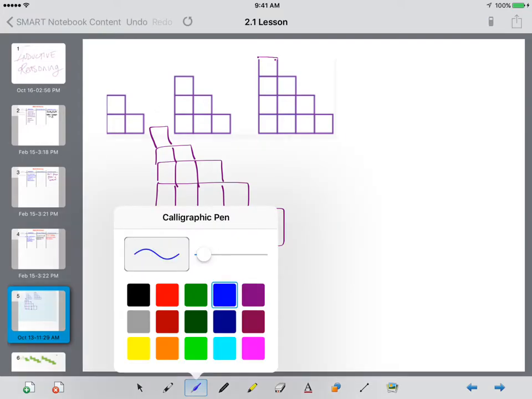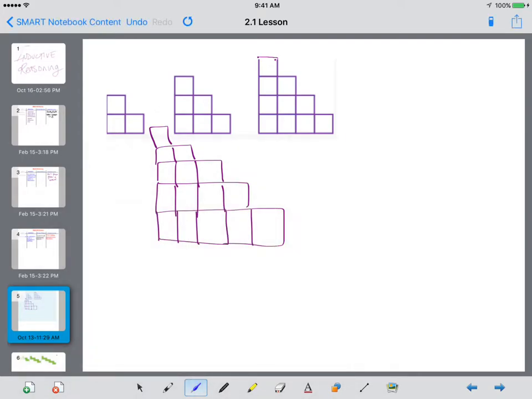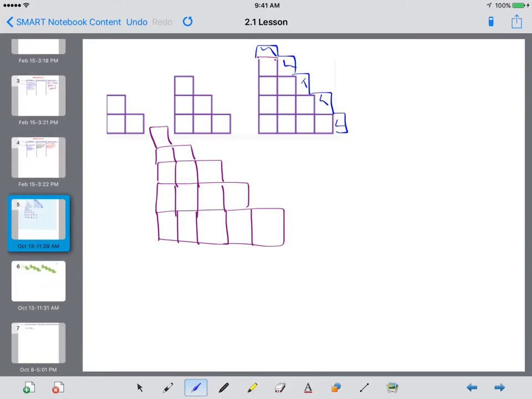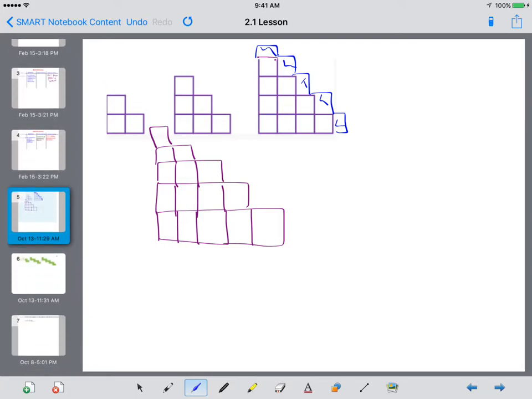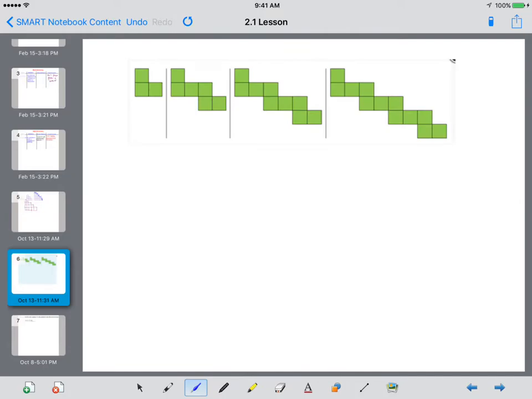Some people see it growing a little bit differently, and maybe I see it extending 1. So maybe you see that there's a whole new row going on. But at any rate, you're looking for pattern observation. That's inductive reasoning skills. Looking at a pattern and trying to come up with solutions.